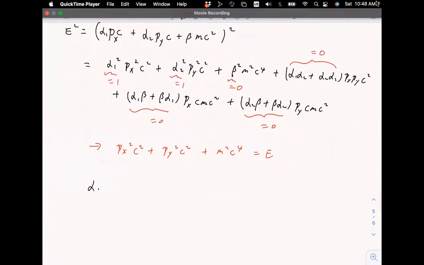You can still use the Pauli matrices. You set this to be this, and then you use sigma i, and then for beta you still use sigma z.